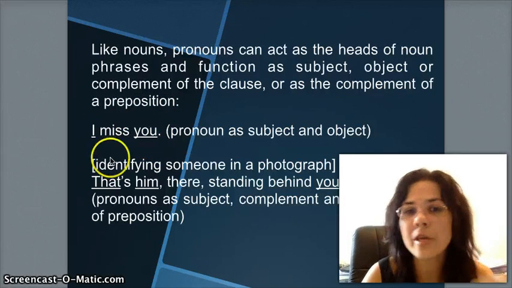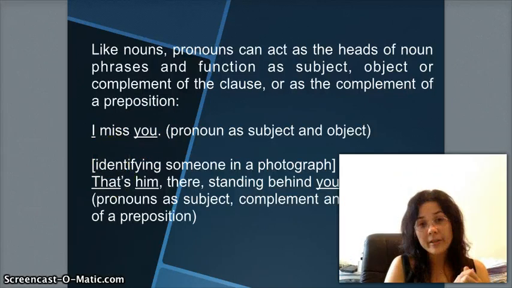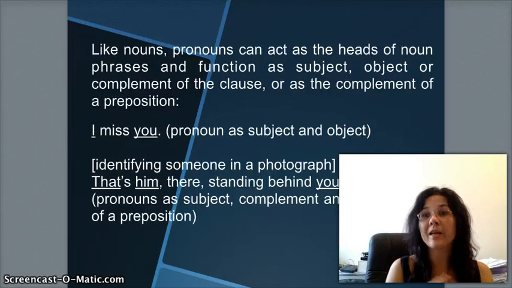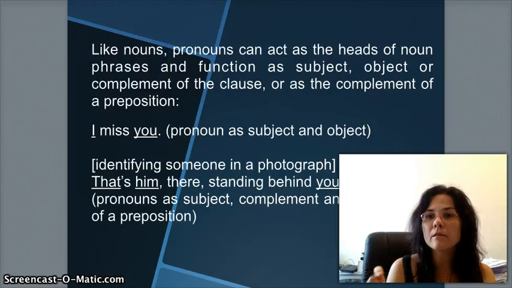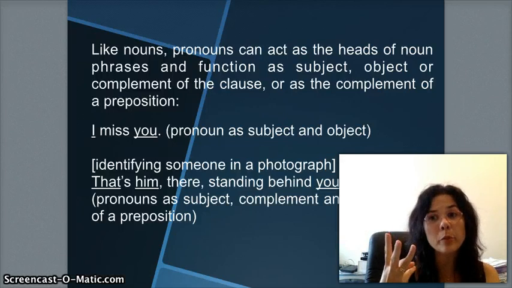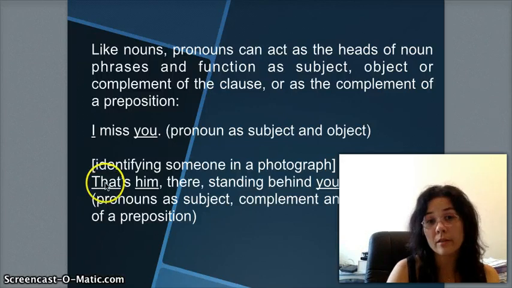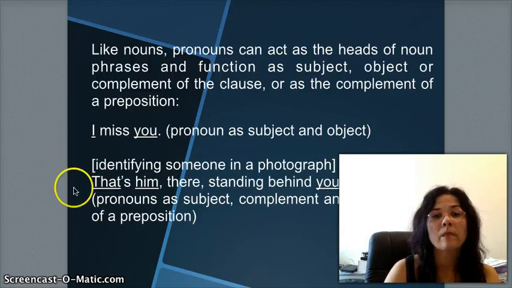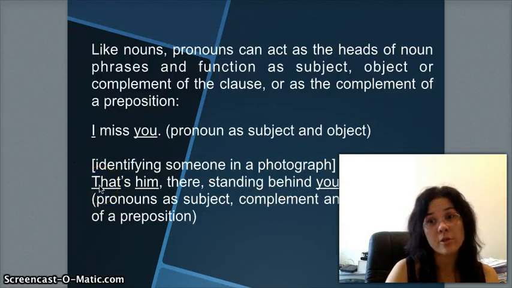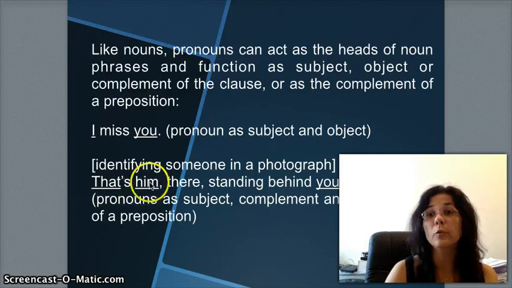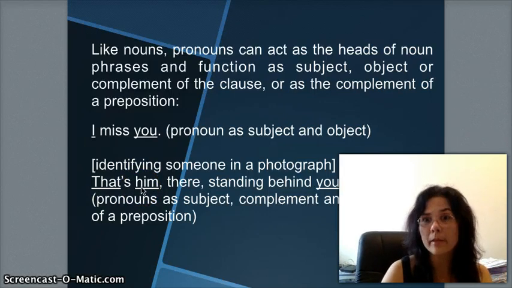I have another example. If I'm identifying someone in a photograph, I might say, that's him there, standing behind you. In this sentence, we have three different pronouns. That, him, you. That is functioning as the subject of my sentence, whereas him is the complement.